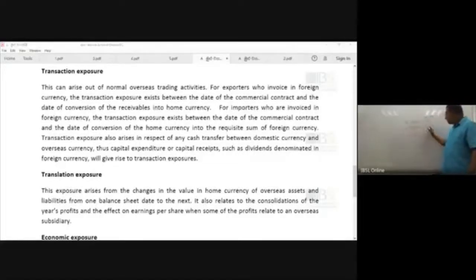Indirect quote is 1 upon 2 and 1 upon 4. So 1 upon 2 means 0.5. 1 upon 4 means half of 0.5, that is 0.25. So when the direct quote USD to LKR is 2 to 4, the indirect quote gives 0.5 to 0.25.